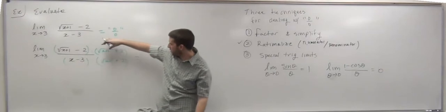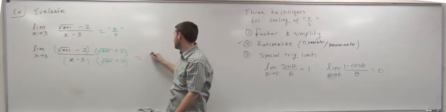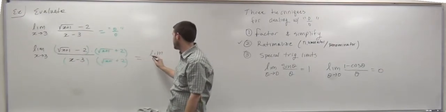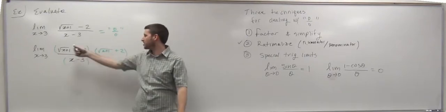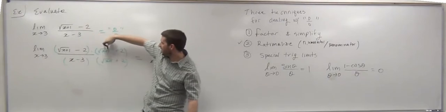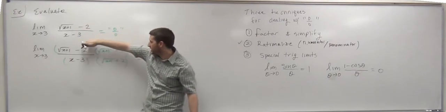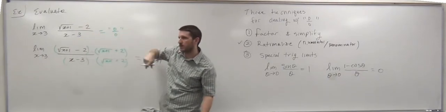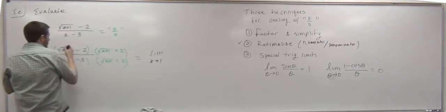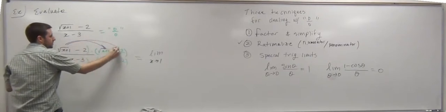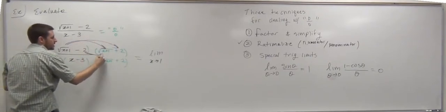So do you guys know what you get on top here? X minus 3. It's true. So when you multiply by the conjugate like this, it ends up being this guy squared minus this guy squared. And if you don't remember that, you could FOIL it out. You'd have to do this times this, this times this, this times this, this times this.